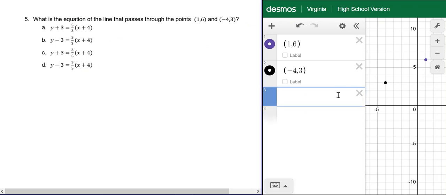Now, I could just go ahead and graph each one and see which one works. Let me take a guess here. I know it's a positive, so it's going up. And then my slope is 1, 2, 3 over 1, 2, 3, 4, 5. So up 3 over 5. So I think it's between C and D.